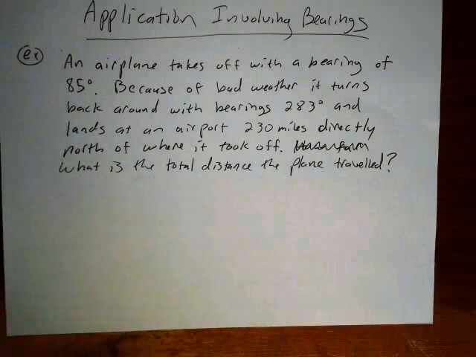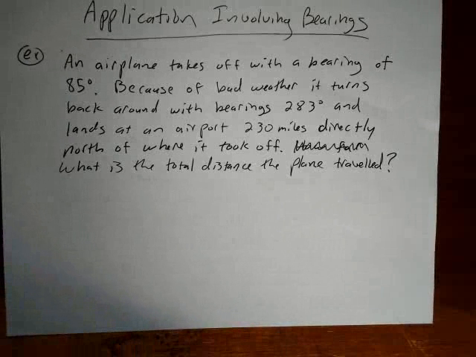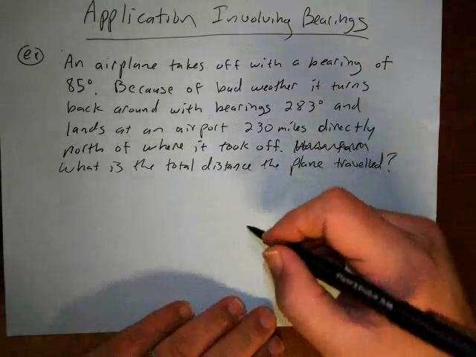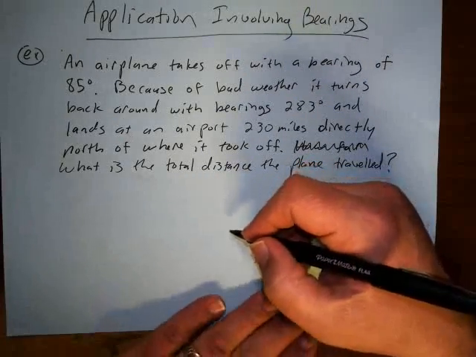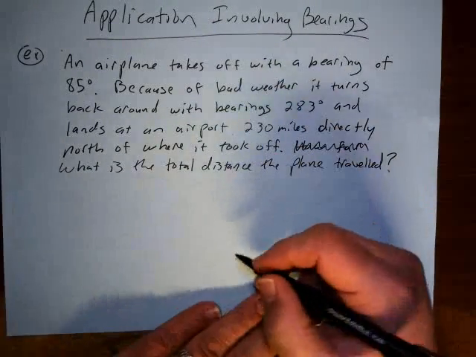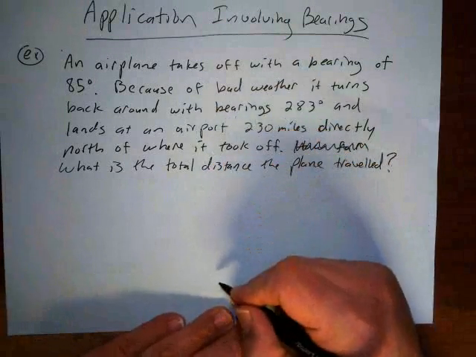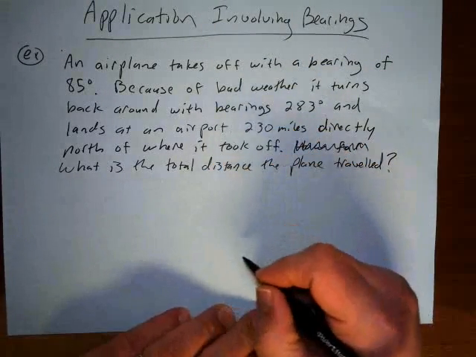Now I'll tell you, these bearings, if you don't normally use them, are very unintuitive, and you really gotta think about these. I'm not the best with these myself, so I'm going to start in the middle, because I'm not going to know exactly how things are going to go around, but I do know it's going to end north of where it started.